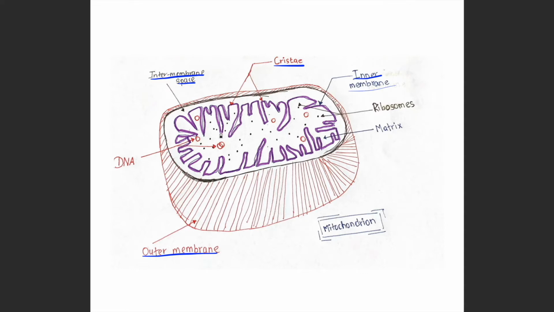Moving on, we can see that this cristae, which is being folded up, actually extends into this interior cellular solution called the matrix. What exactly is the matrix? What is the function of the matrix?